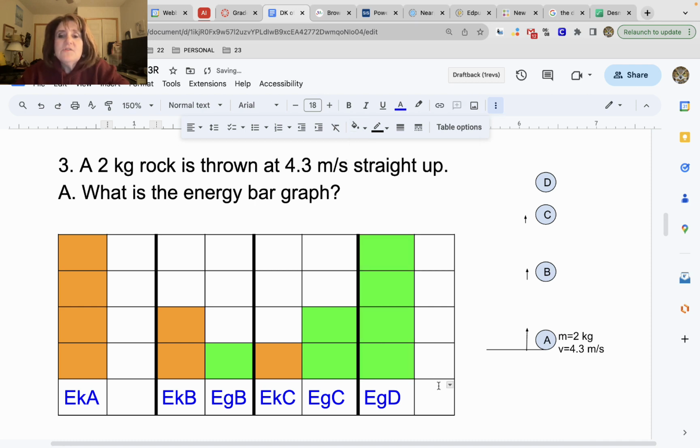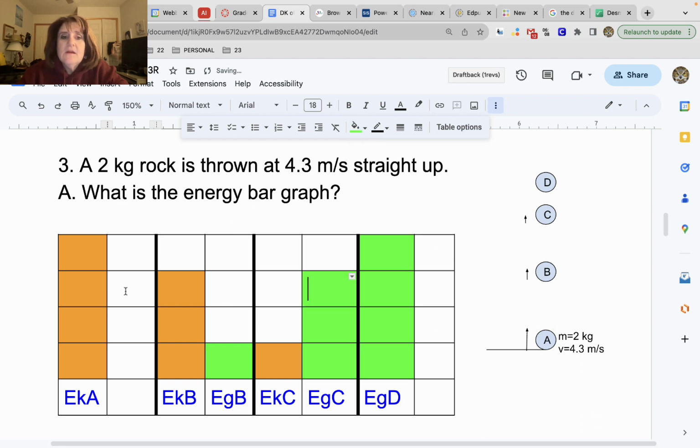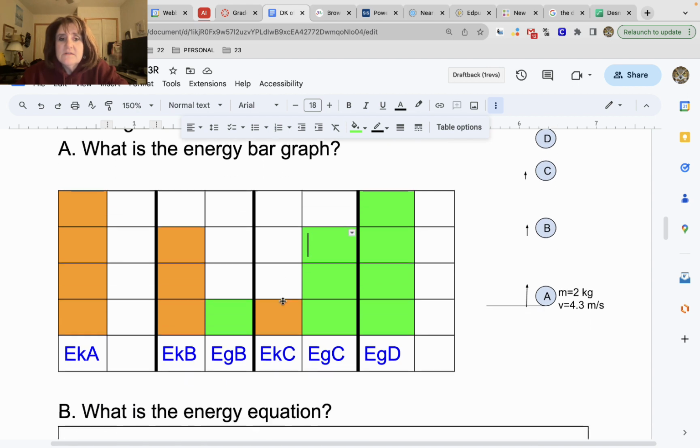As long as you recognize that it's going to switch, you're good.